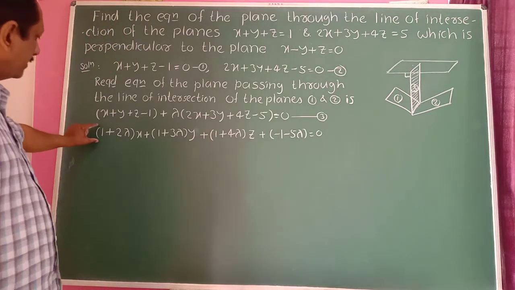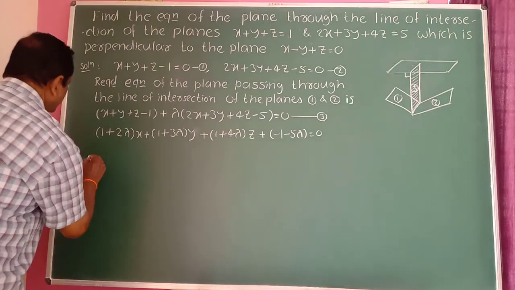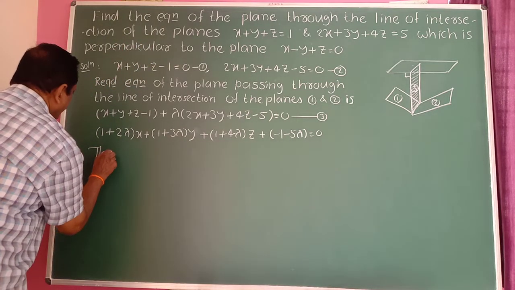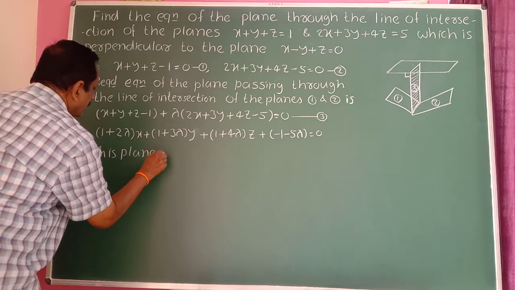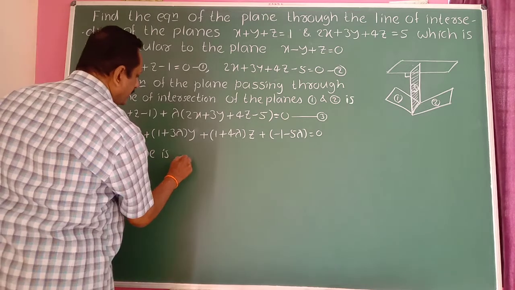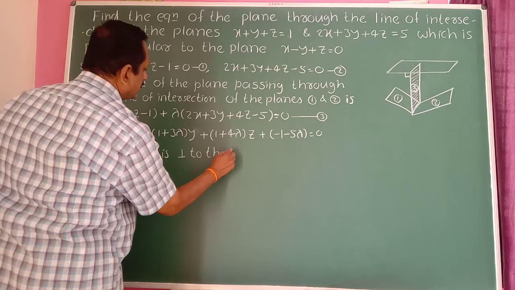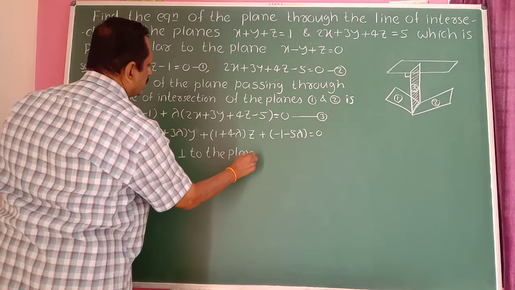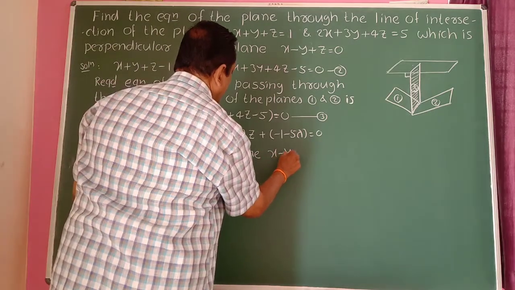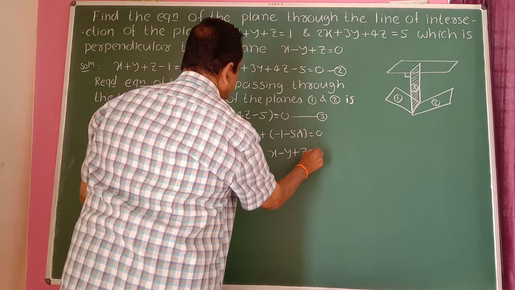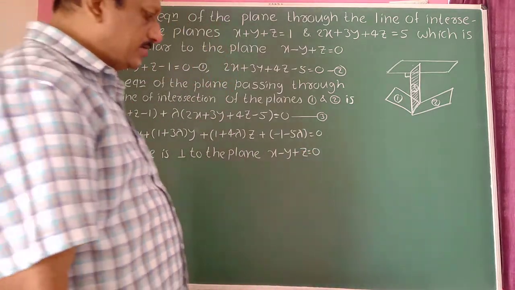So this plane is perpendicular to the plane x minus y plus z is equal to 0. Therefore, there is one formula.